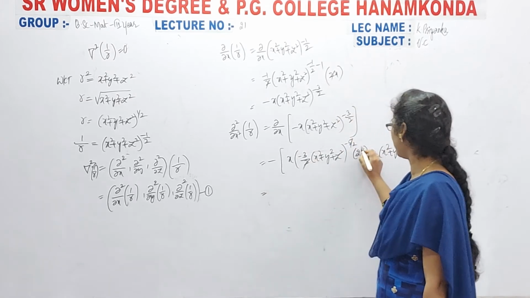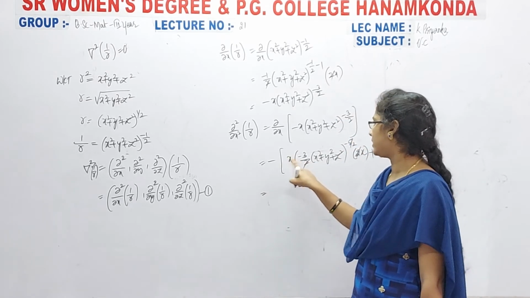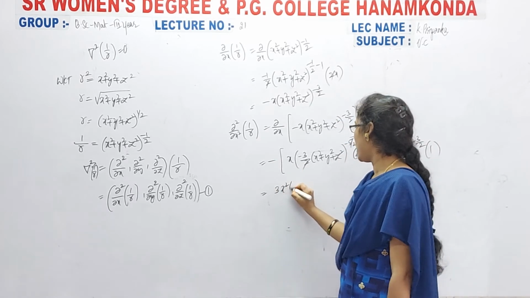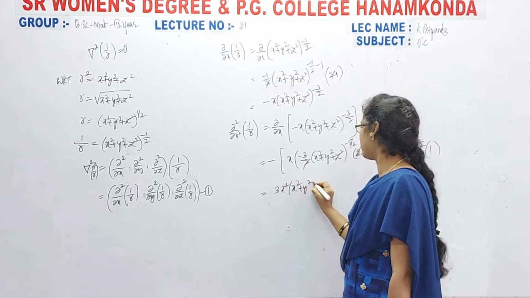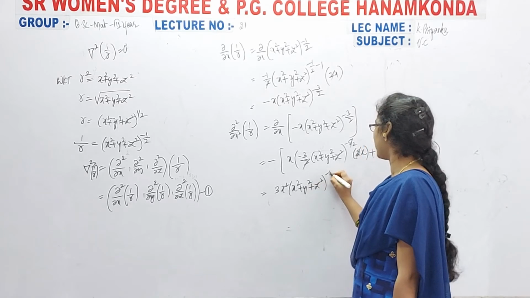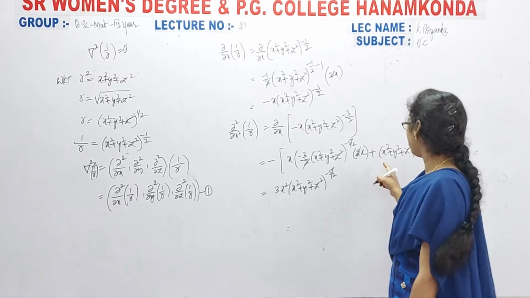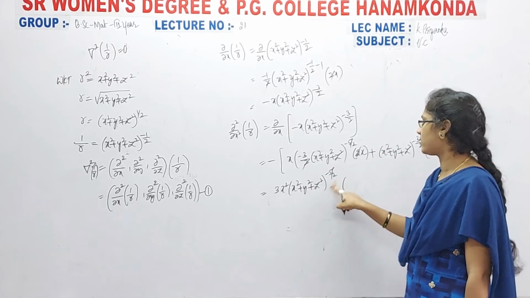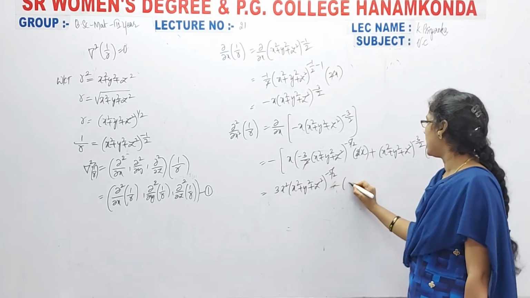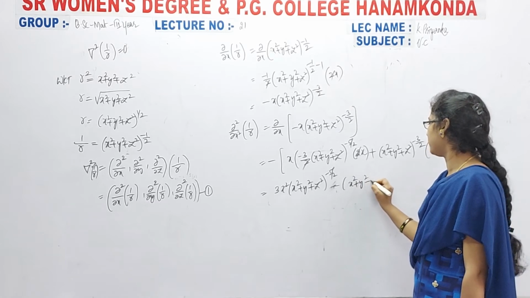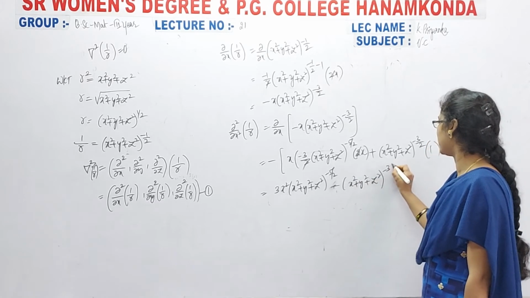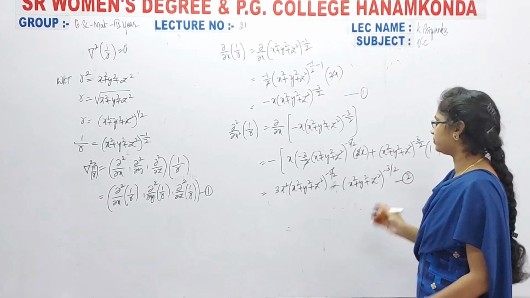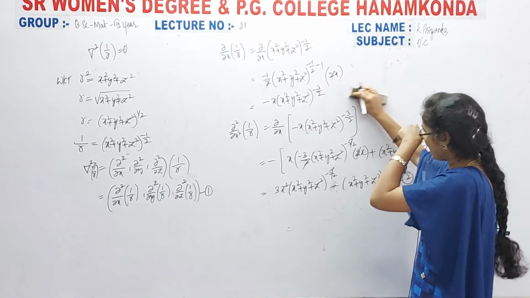Now 2 and 2 get cancelled, and here minus into minus plus 3x into x square plus y square plus z square whole to the power of minus 5 by 2. Then plus here what we get, simply we will get plus into minus, minus, here we have minus. So minus x square plus y square plus z square whole to the power of minus 3 by 2. This is equation number 1 and this is equation number 2. Okay, otherwise directly you can take this value.